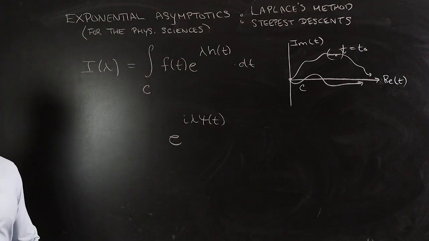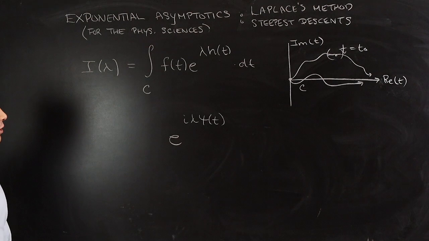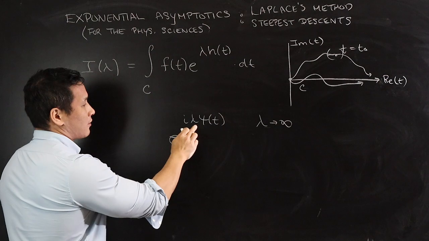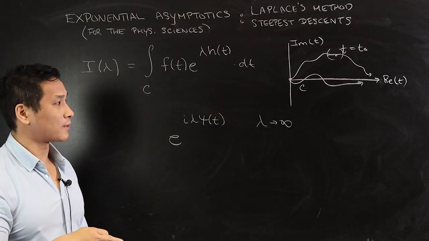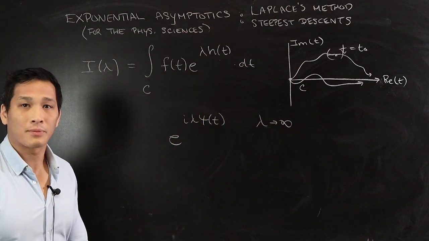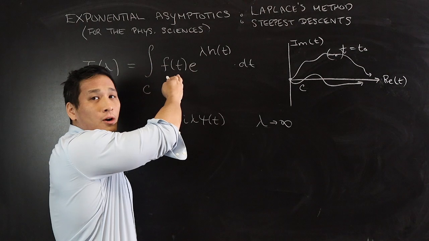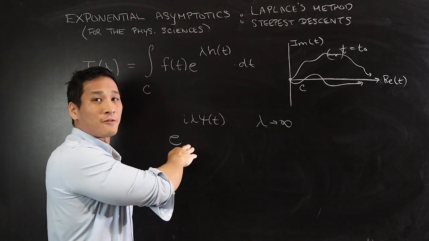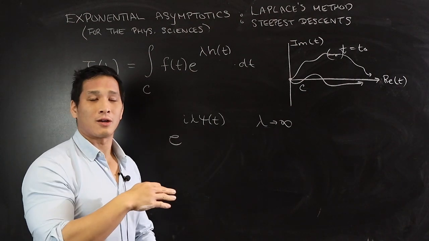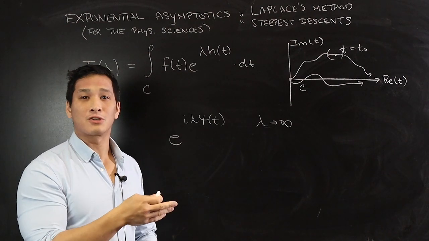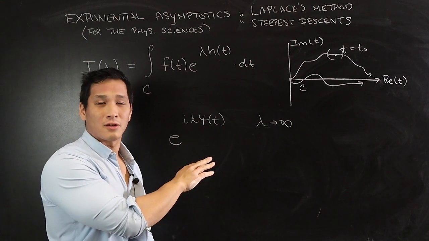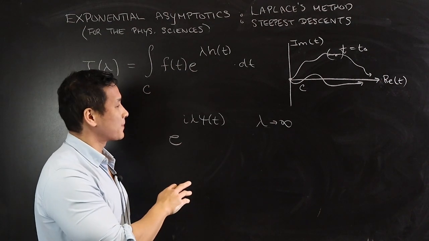Well, we said this is bounded by magnitude 1, which is true, but if lambda is really large, then this thing is highly oscillatory along some path in the complex plane. It's oscillating very rapidly. And so if you're actually trying to approximate this integral and you're multiplying it by a function, which though bounded by minus 1 and 1 is oscillatory, then there's actually a lot of plus and minus cancellation that you've not considered in your approximation. So this seems to complicate the method that you're suggesting.